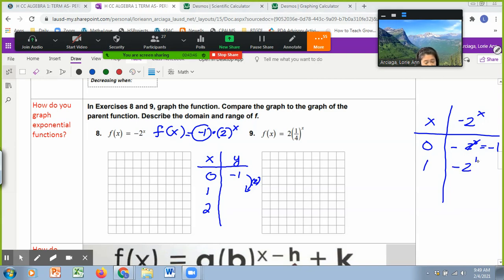Oh, wait, 2^1 is 2, times negative is -2. Do you see what I'm doing? So don't think, oh my god, I didn't understand. This is just a simple case of plugging values in. Like 2 squared, I know that, that's 4, and then I have a negative here, so -4. So you can still get by plugging them in one by one.